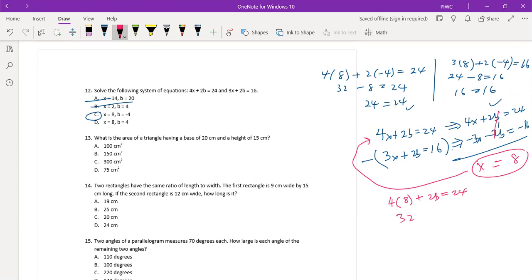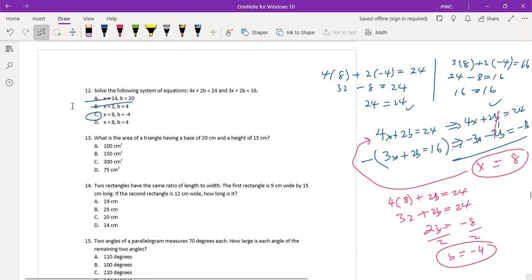Okay, so 32 plus 2b is equal to 24. 2b is equal to negative 8, divided by 2, and b will be negative 4. So that is the other method. But as I said, you can always use back solving quickly. Elimination, back solving.